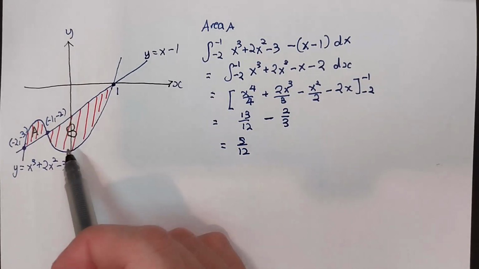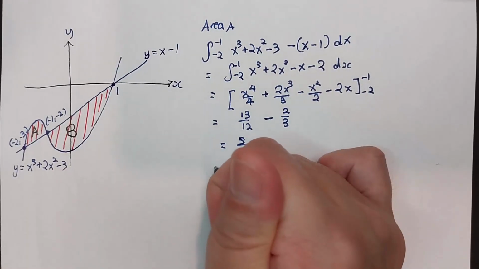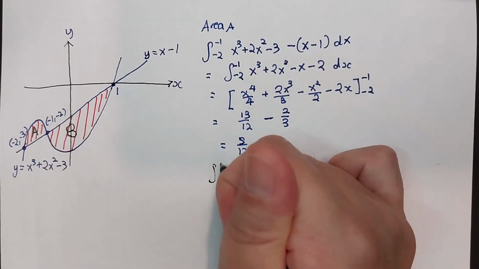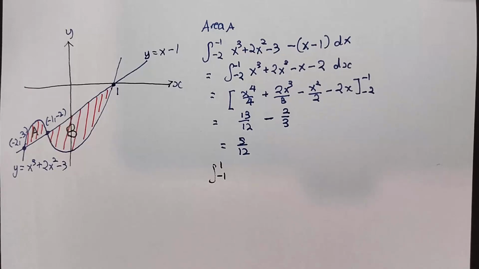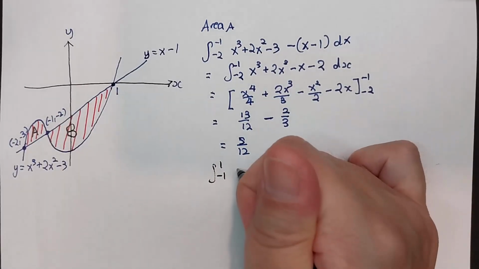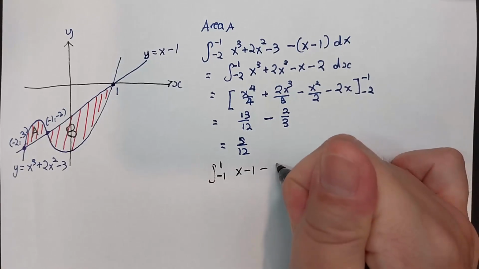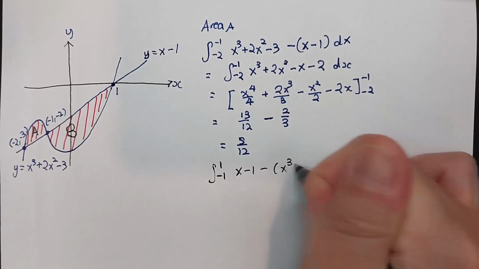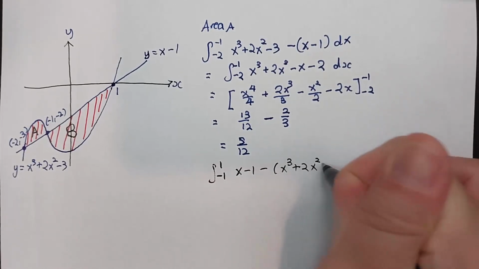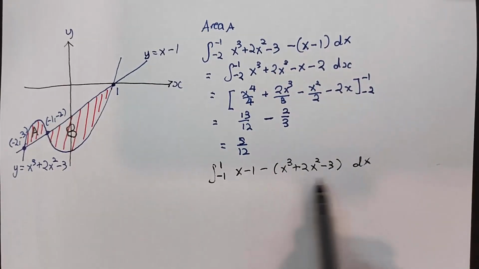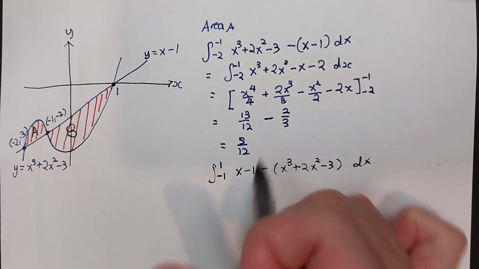Now let's find region B here. So we will take the limits from 1 to −1, and we will take the top curve, which is x − 1, and subtract the equation of the bottom curve, which is x³ + 2x² − 3. And once again, remember to put the brackets.